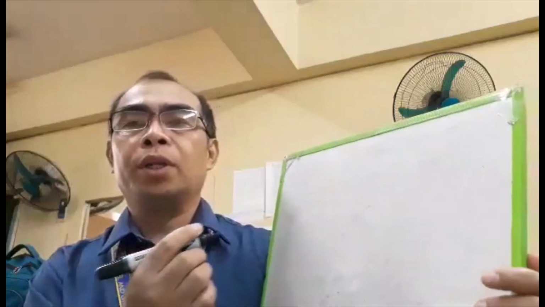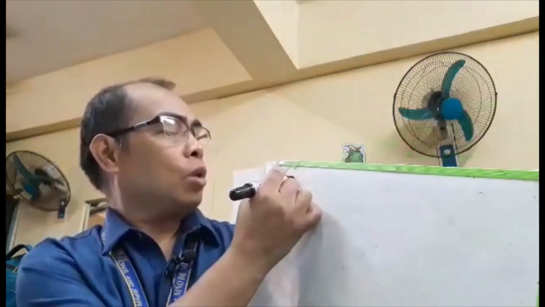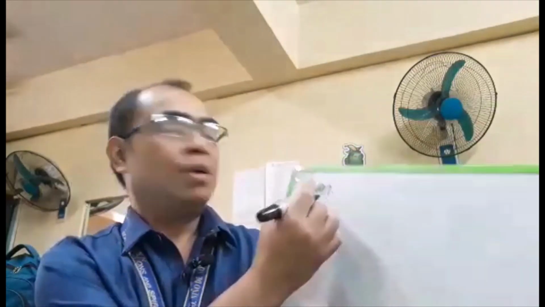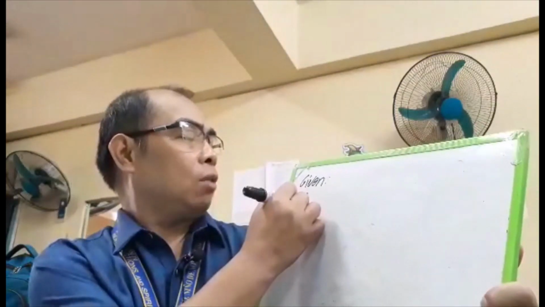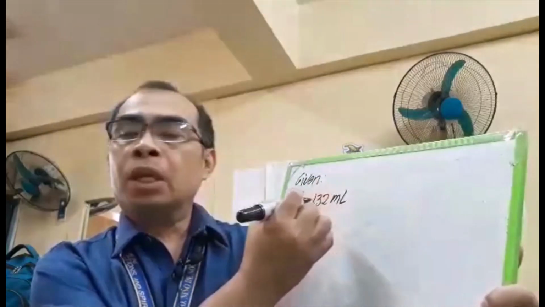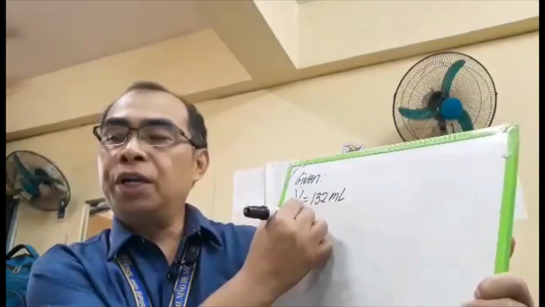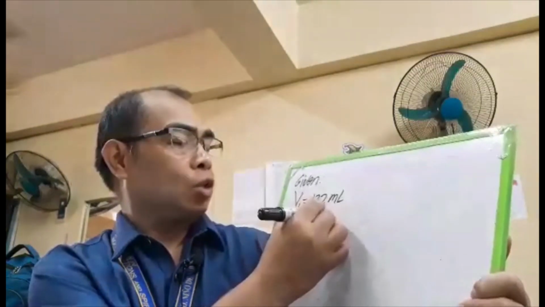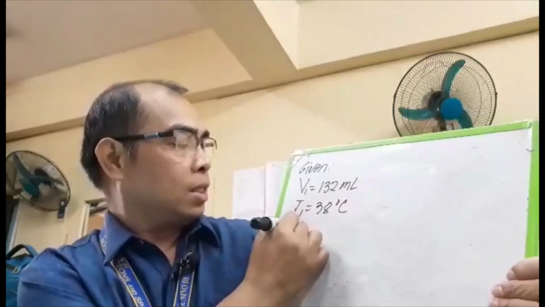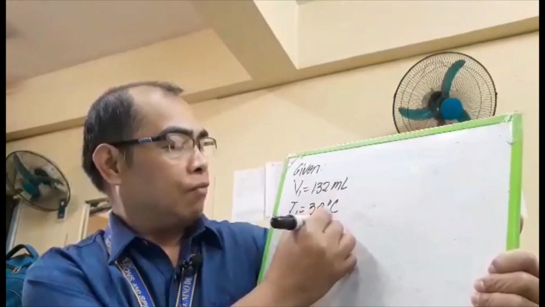So what are you going to do now? We have to identify all the givens. What we have: initial volume, which is 132 ml. We have T1, which is 38 degrees Celsius. Let us convert this into Kelvin, so plus 273 Kelvin.